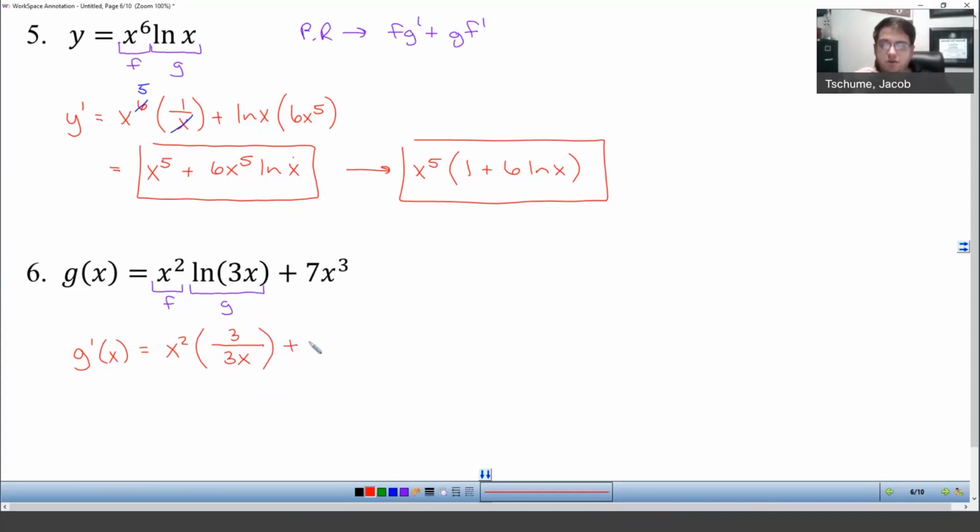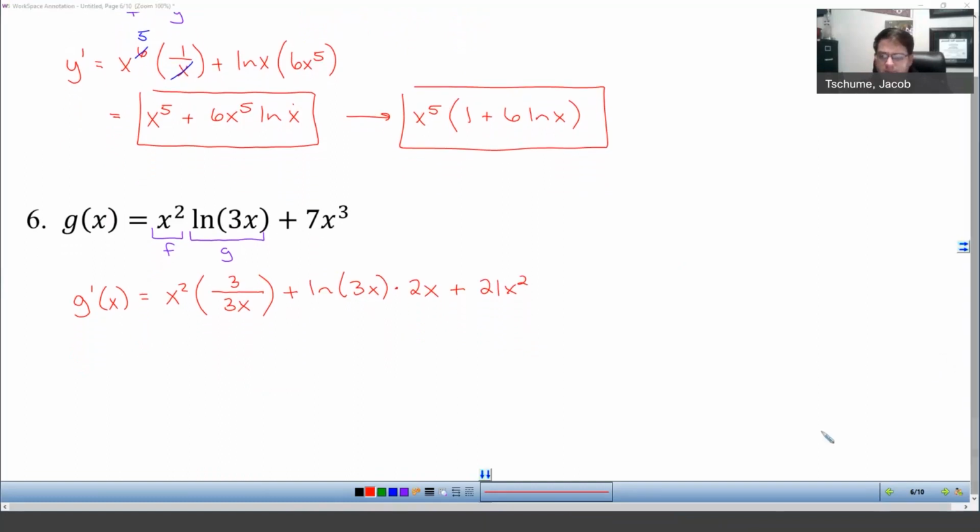Plus your g function, which is the natural log of 3x, times the derivative of f, which is 2x. Now that finishes the product rule of the first two terms. But don't forget, you still have this 7x cubed right here. Since it's being added on to the end, you just take the derivative of that separately, which would be 21x squared.